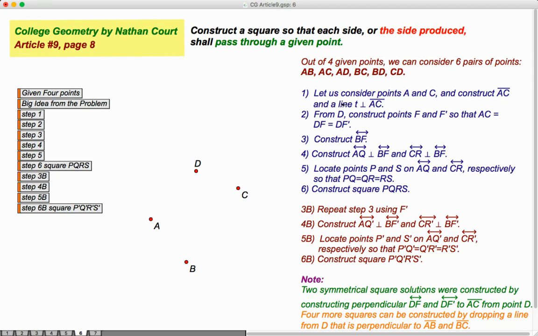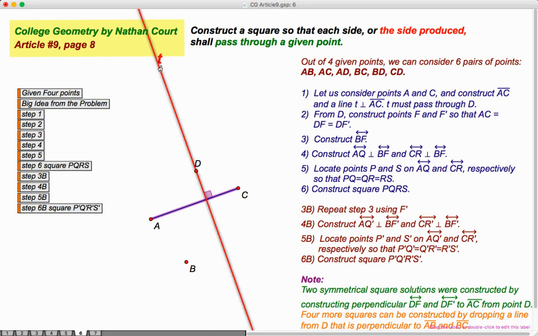So let us consider points A and C and construct segment AC and a line T perpendicular to AC. T must pass through point D. That is step number 1. So again, coming from point D, construct line T that's perpendicular to segment AC.